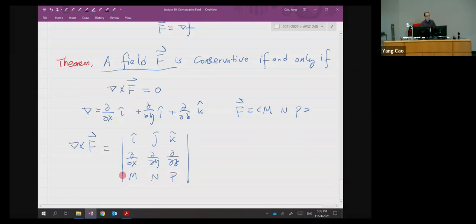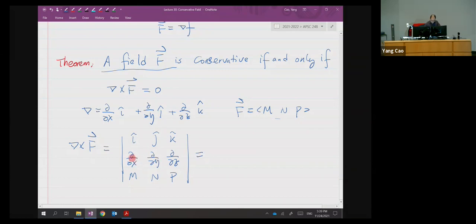This is the cross product formula. You calculate the determinant of the 3 by 3 matrix, and you get the cross product. We used to replace numbers in the second row and the third row, but now we replace the second row with the del operator, and the third row with the vector field F. Just treat each element as if it's some sort of number.